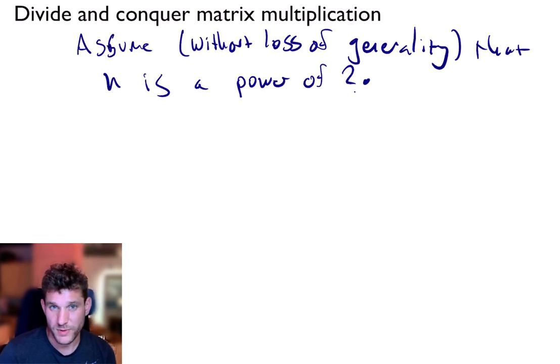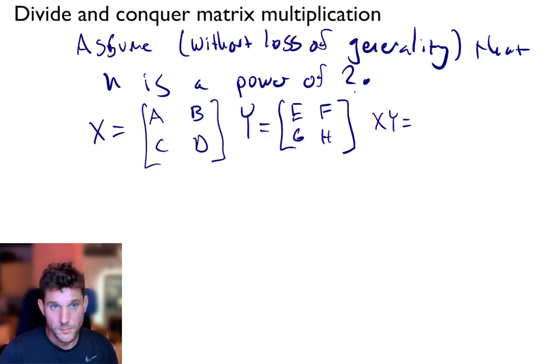And we can always do this without loss of generality, because if it were not a power of 2, we could simply round n up to the nearest power of 2, fill the rest of the matrix in with zeros, compute the product of the larger matrix, and then extract the answer from the submatrix. So there's always a trick to do this. It just is convenient to assume that it's a power of 2, and there are ways around it when it's not a power of 2.